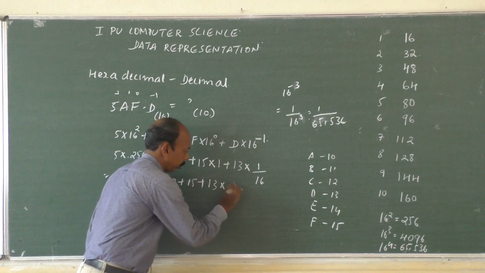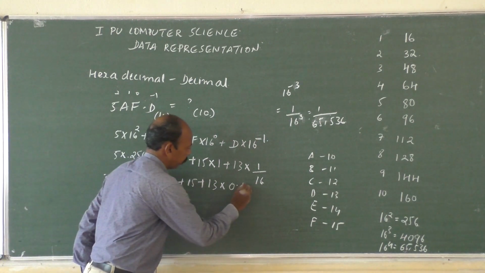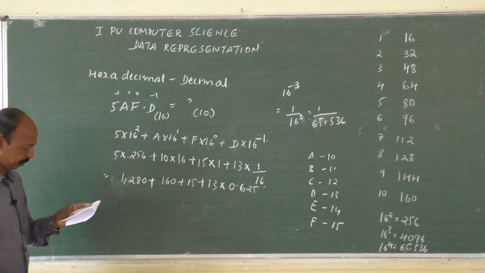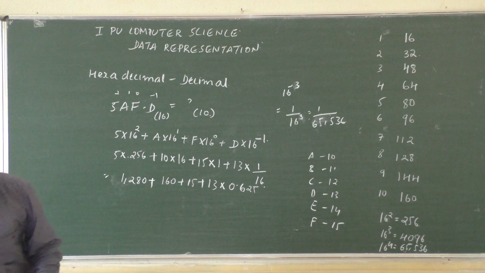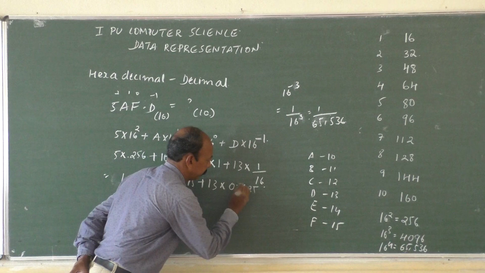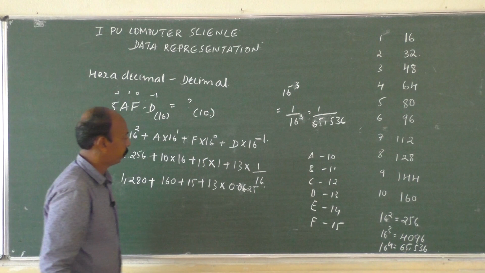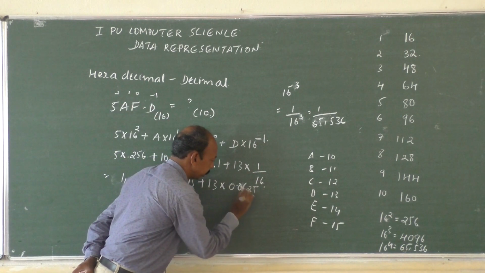One minute. 1 divided by 16, it can't be 0.6 or 0.06, it is 0.0625, because 1 by 16... 1 by 2 is 0.5, right? So 1 by 16 is 0.0625.